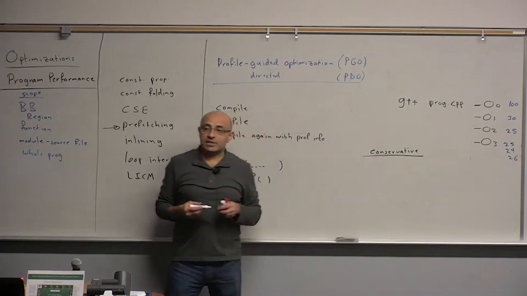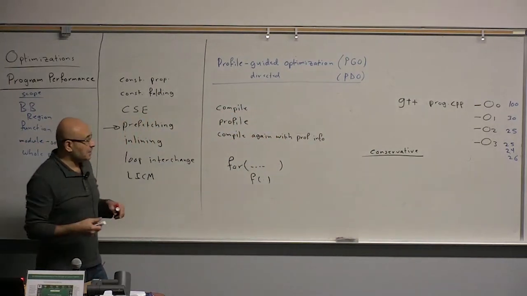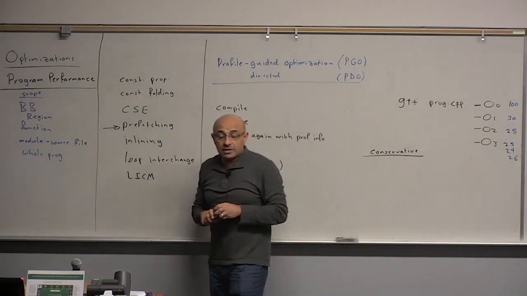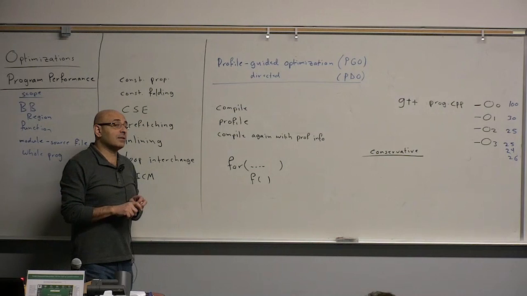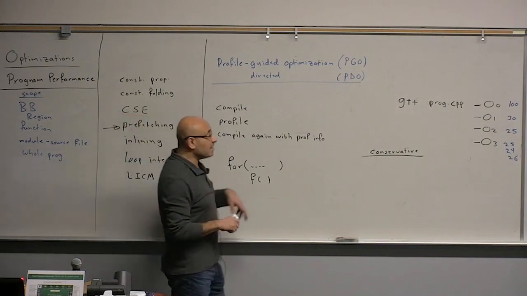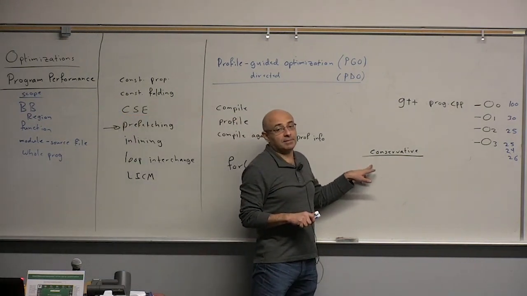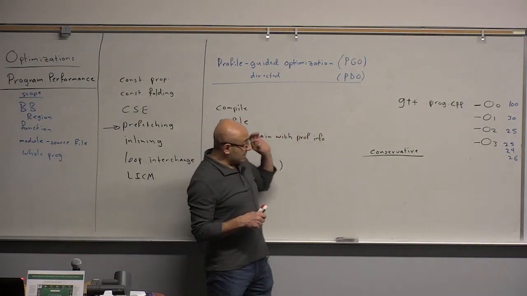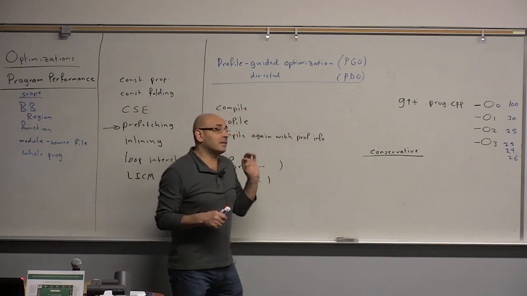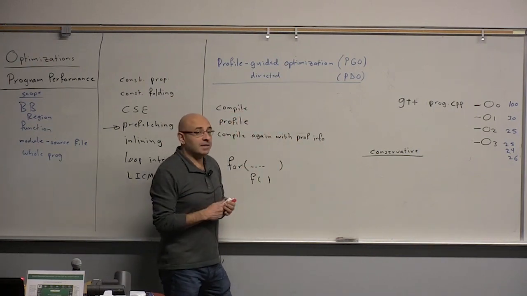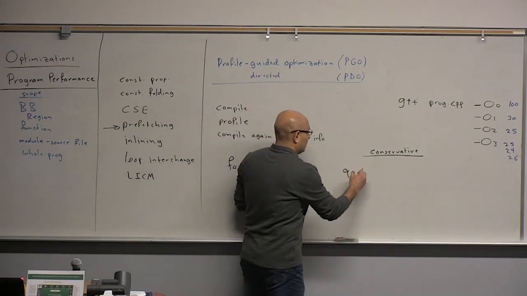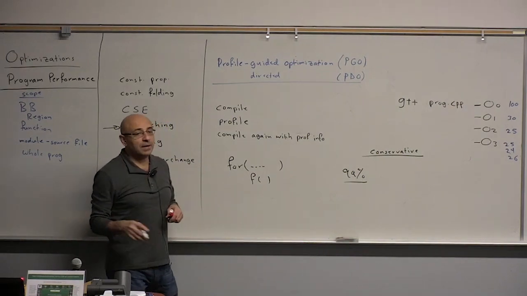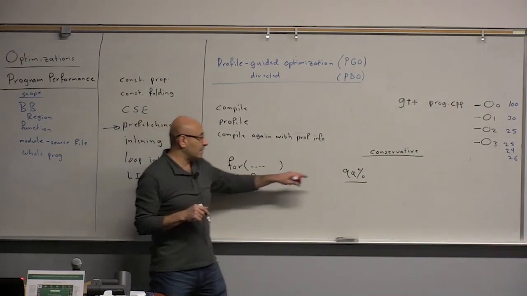Conservative means that if there is one statement that may be dead code, but it's not clear whether it's dead code or not, then conservatively the compiler cannot eliminate it. Unless it knows 100% that it's dead code, it will not eliminate it. If there's a 99% chance that this statement or instruction is dead code, the compiler cannot eliminate it based on 99%.